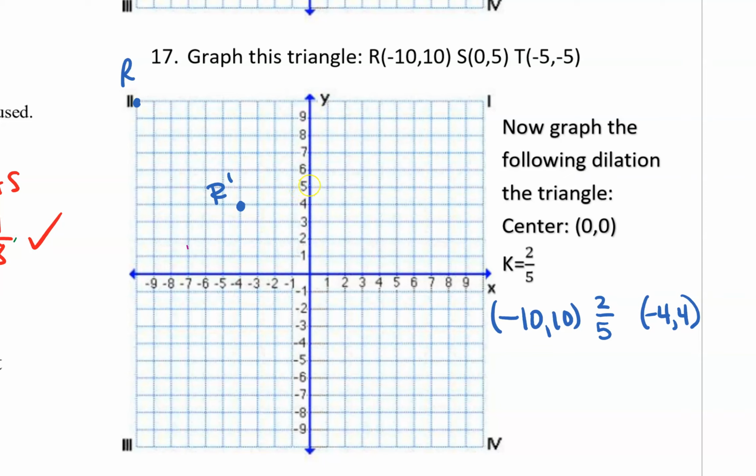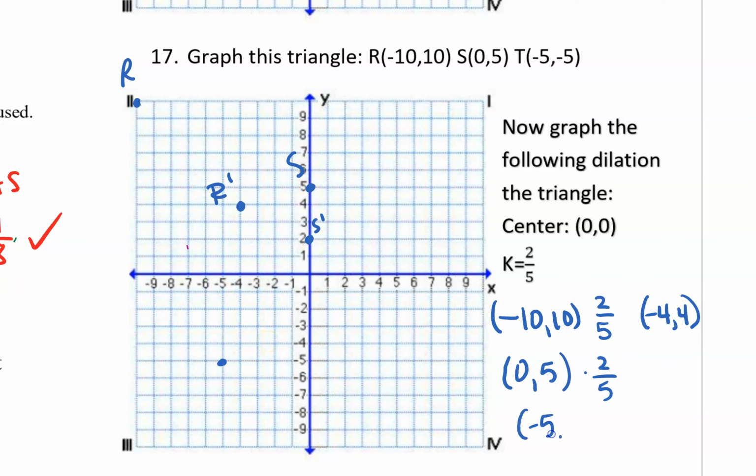Keep going, 0, 5 times 2/5. 0 times 0 is going to stay 0. 5 times 2/5 becomes 2. So this is S. S prime is going to be 0, 2. And then T is going to be at -5, -5.